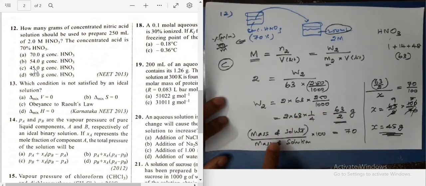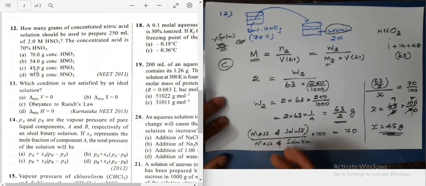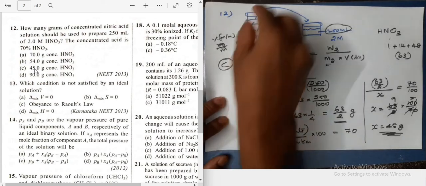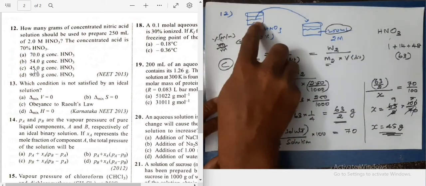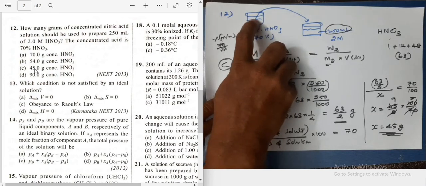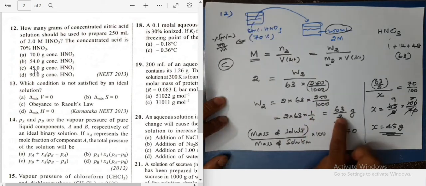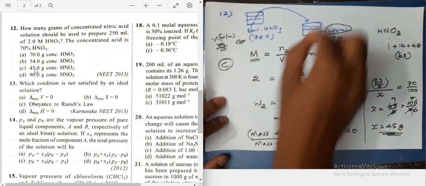To get 63 by 2 gram of solute, what amount of solution should be taken? Because we cannot take nitric acid alone from this. This is also a solution which contains nitric acid plus water. So we cannot take 63 by 2 gram of nitric acid directly from this.